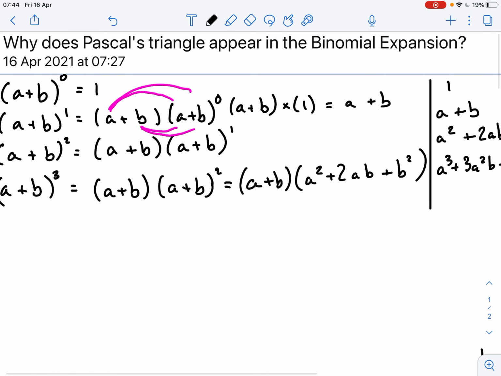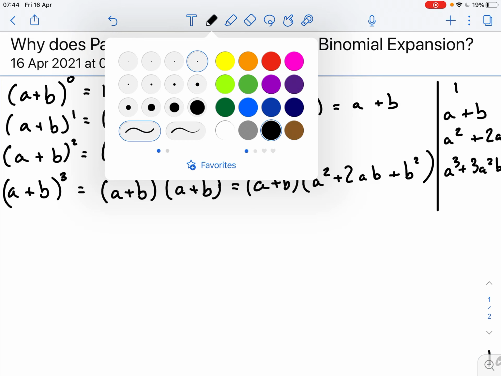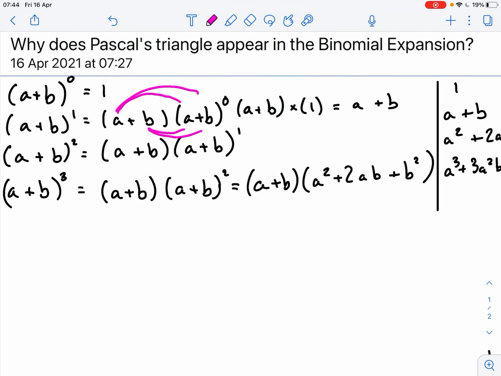Whereas in a plus b squared, we end up with the result a squared plus 2ab plus b squared. Now, when we move on to a cubed and higher powers, it's important to remember that this a plus b is multiplying everything inside. So a is multiplying a squared, it's multiplying 2ab, and it's multiplying b squared. And the b is doing the same thing. What this means is all of these terms that were there originally are going to gain two new results.